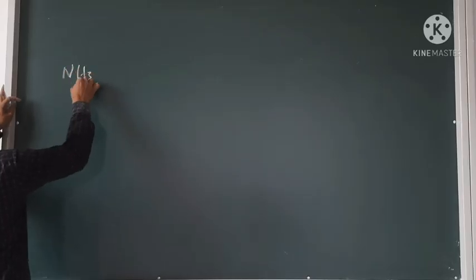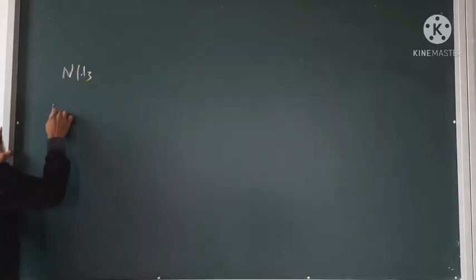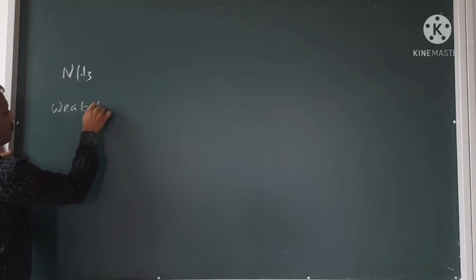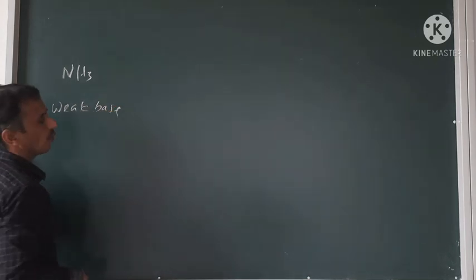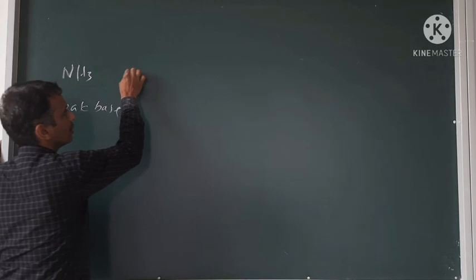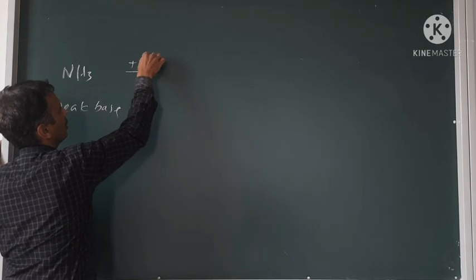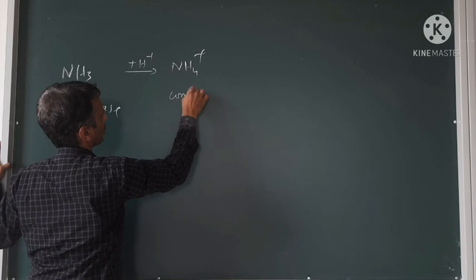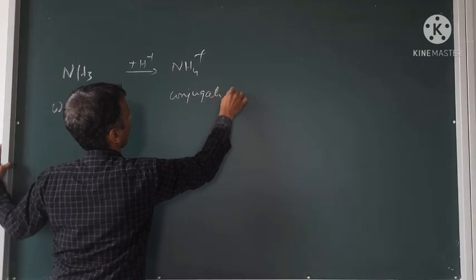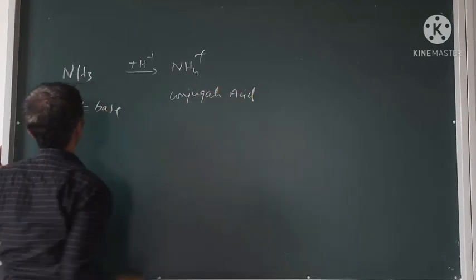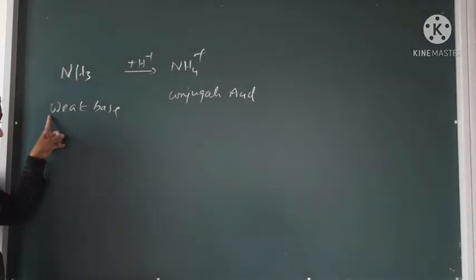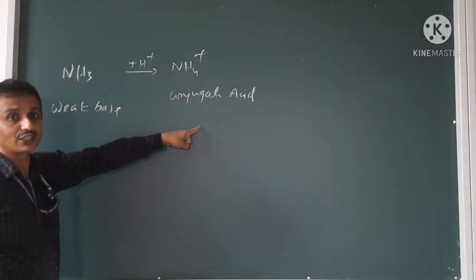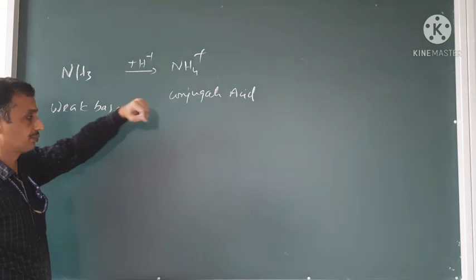NH3 is a base, it's a weak base. Which is its conjugate acid? Add an H plus ion, and what we get is NH4 plus, which is the conjugate acid. As the base is weak, its conjugate acid is stronger.